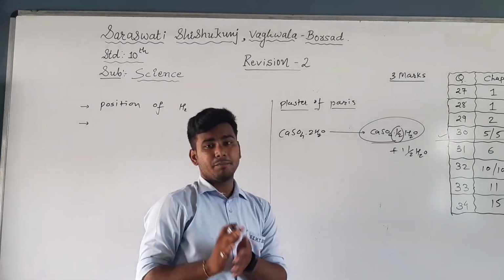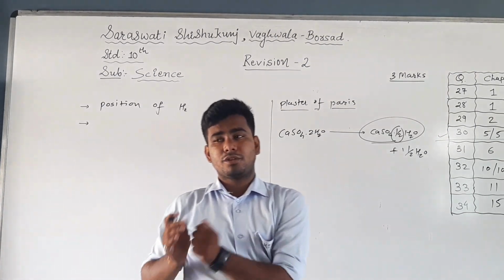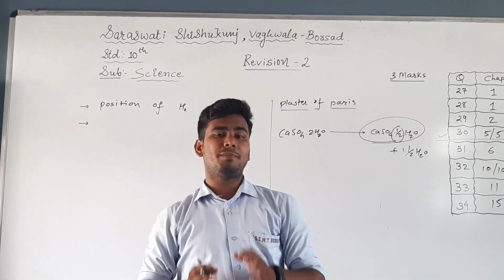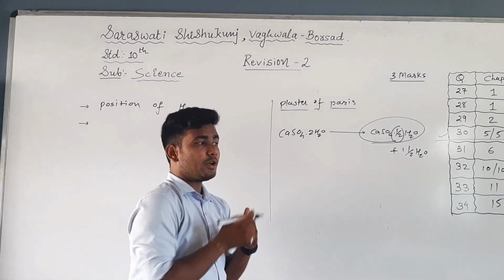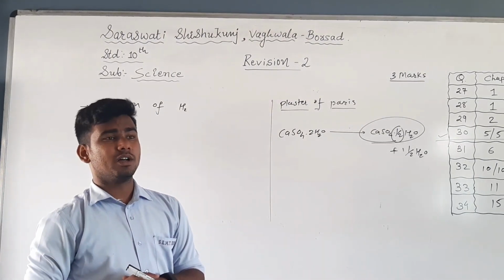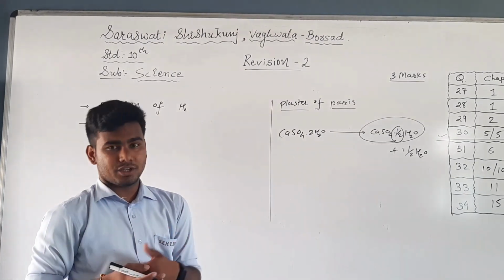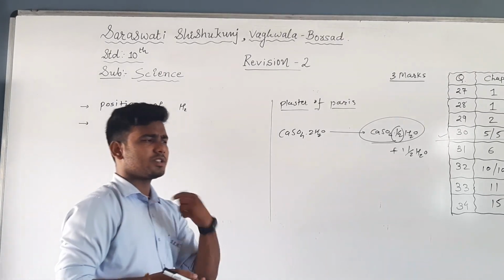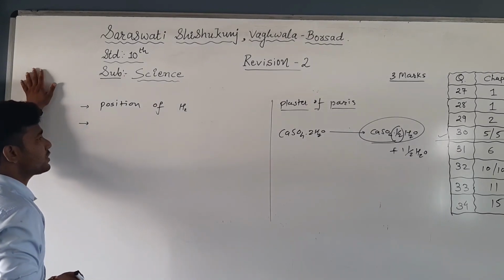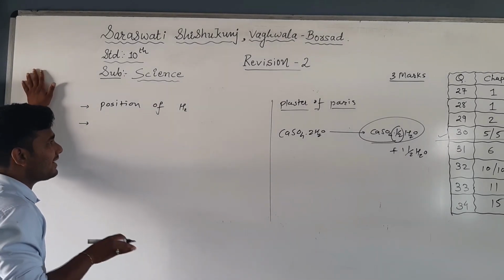Sometimes hydrogen behaves as a metal, so where to keep hydrogen in the alkali metal group? And sometimes it behaves as a non-metal, so where to keep it in the halogen group? So the position of hydrogen was the limitation of Mendeleev's periodic table. It was not clear where to arrange hydrogen. Okay, so the first limitation was the position of hydrogen. We can explain that in detail.